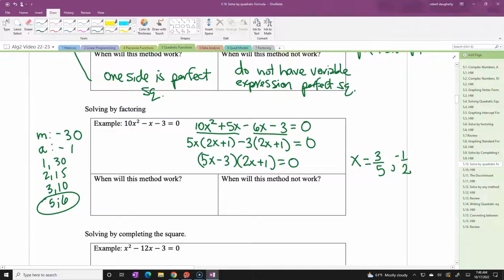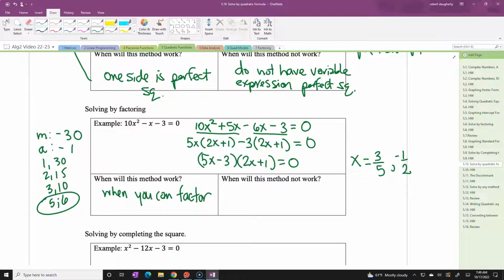This will work, and it sounds basic, when you can factor, okay? What if this had been numbers that multiply to 30 and add to 28? Well, none of these numbers do that, so it will not factor.